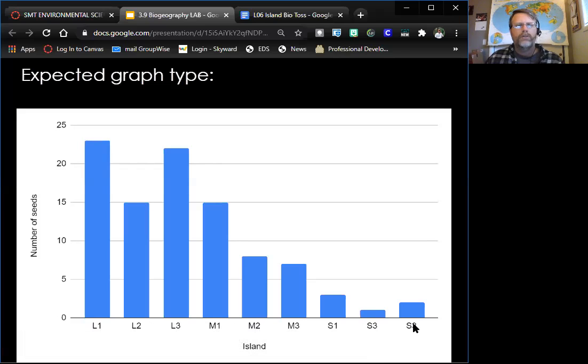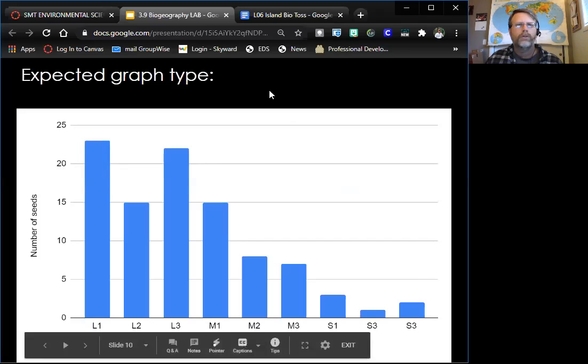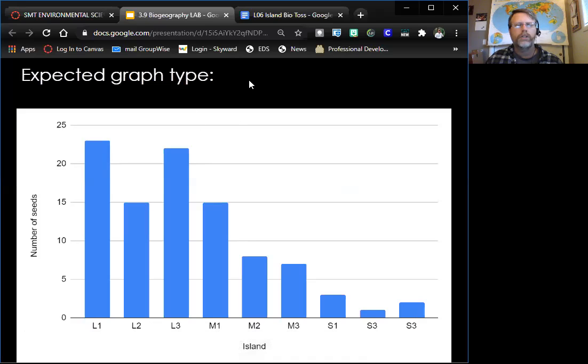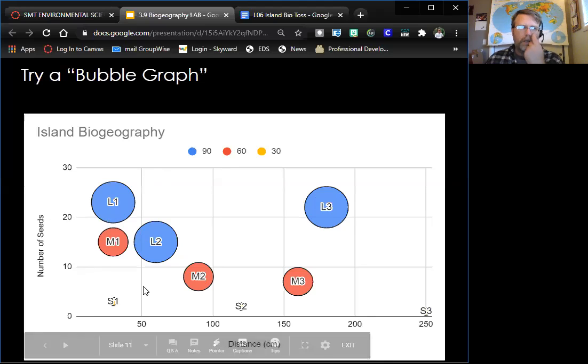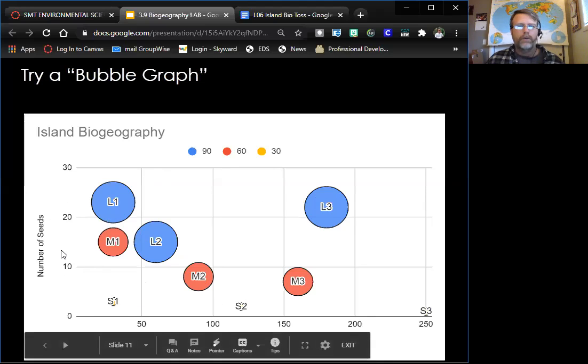I said to do a bar graph for yours. But the interesting thing is Google Sheets actually had a suggestion for the type of graph to use. So I played around with that, and they have what's called a bubble graph, where you could put in the area for each island, and it will make it the appropriate sized bubble. And then you could do the distance versus number of seeds.